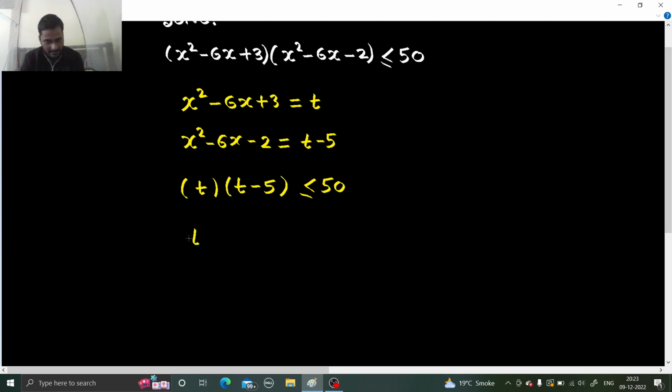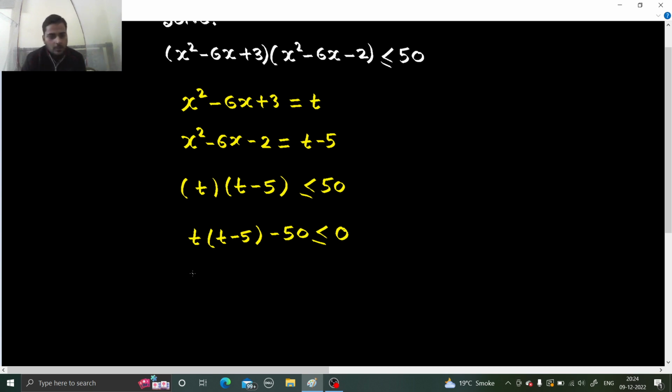So t into t minus 5 minus 50 less than equal to 0. Earlier this was in factorized form, but now it is not in factorized form. t minus 5 is fine, but minus 50 is making a problem. So let's merge these three and refactorize it.